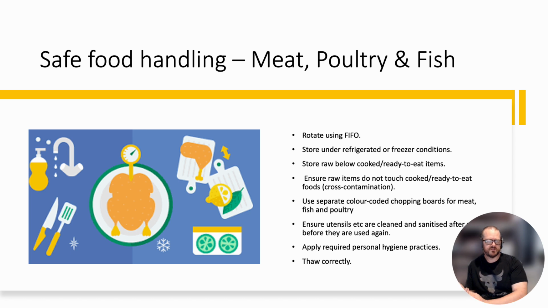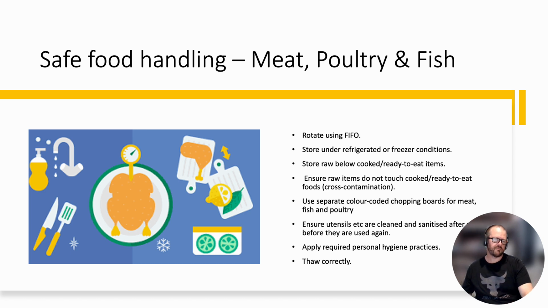This is all similar for meat, poultry and fish. Yeah, the proteins are going to be more potentially hazardous than dry goods or fruits and vegetables, but even still, the focus should be the same for everything as to safe food handling.